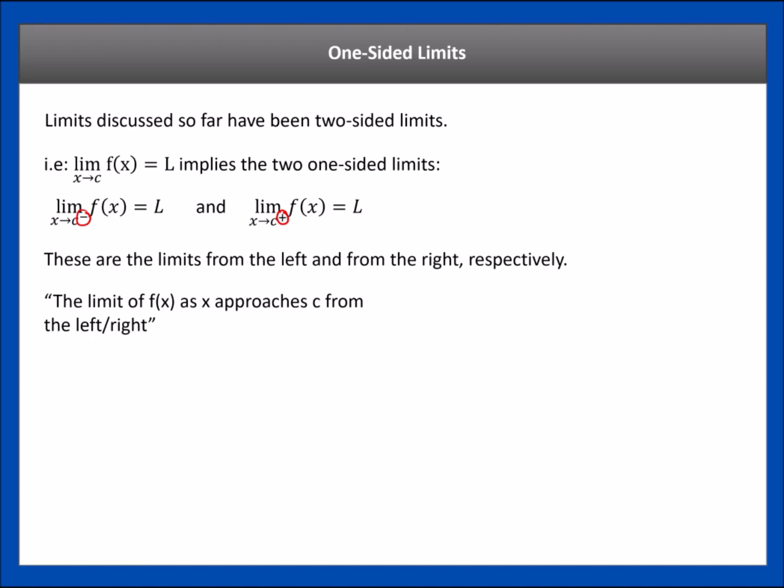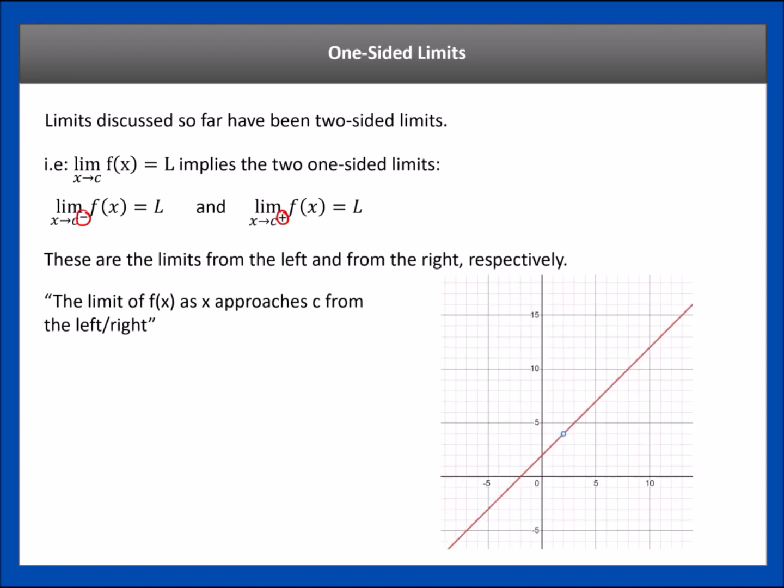So looking at the graph that we examined in example 1, using that same graph, if I were to do the limit as x approaches 2, remember this value is 2, from the left side here, so if we were to draw those arrows, it's approaching 2 from the left side.